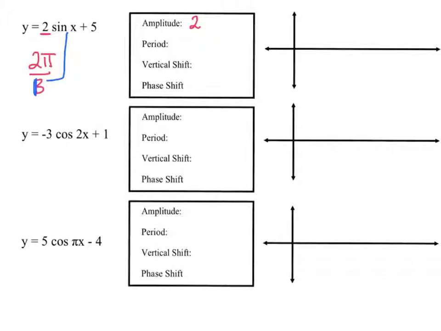So 2 pi over 1, of course, is just 2 pi. The vertical shift, of course, is this number at the end, so we've been shifted up 5. And in these particular examples, I have not done any phase shifting. I'll get down to that in my next couple examples.